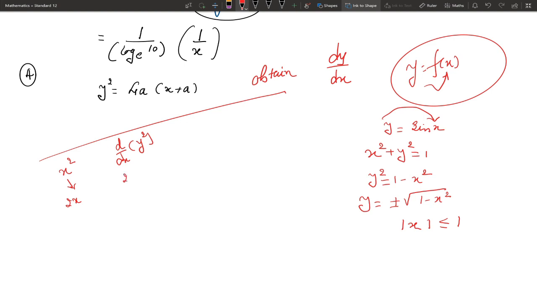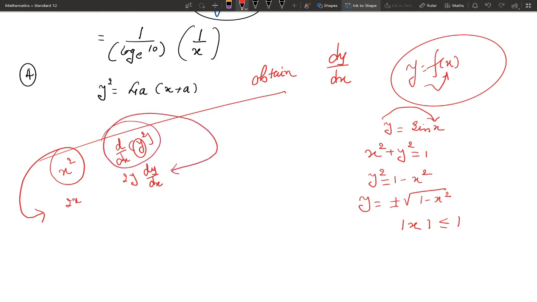Here derivative is 2y using the formula of x raised to n, but y is an implicit function of x, so into, by chain rule, dy by dx. This is the difference between the derivative of x square with respect to x and the derivative of y square with respect to x. Always we will assume that y is an implicit function of x.